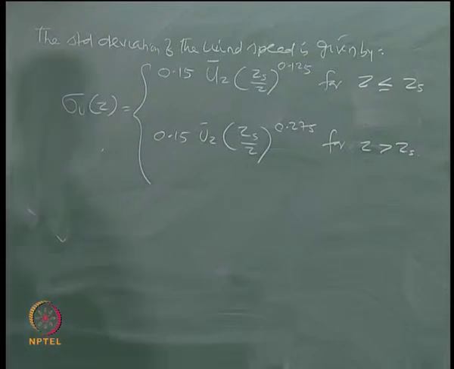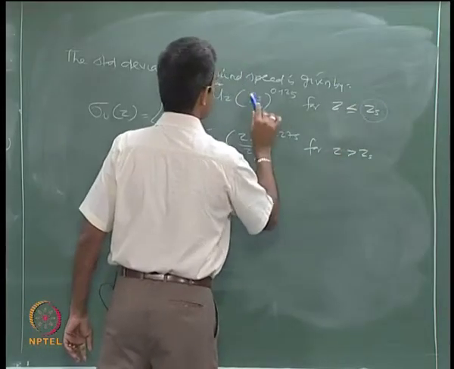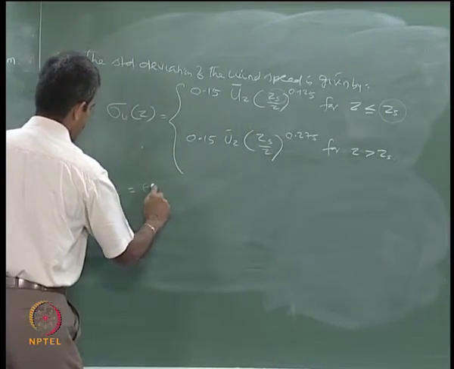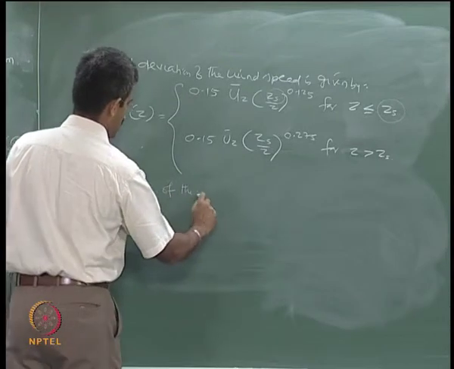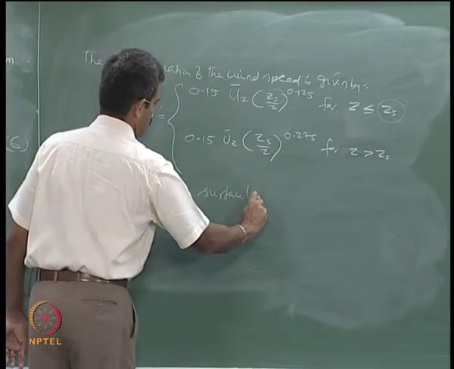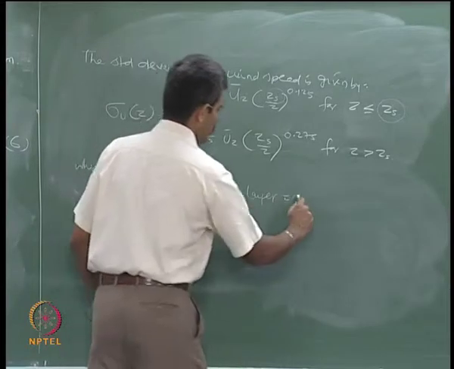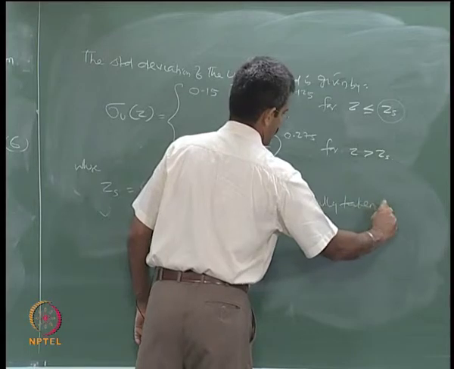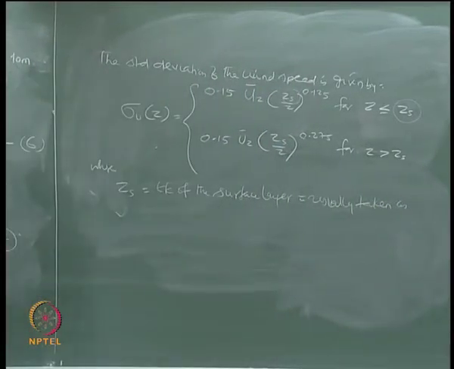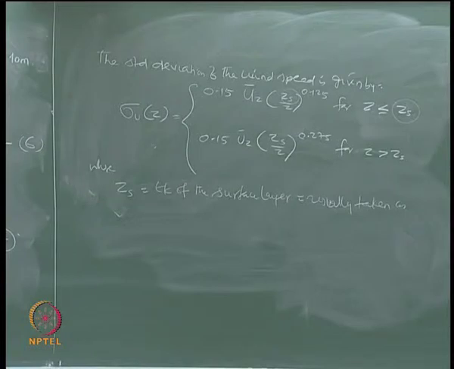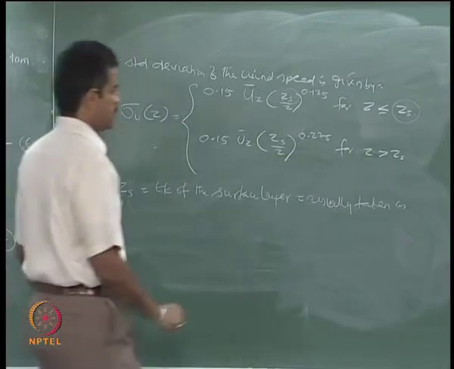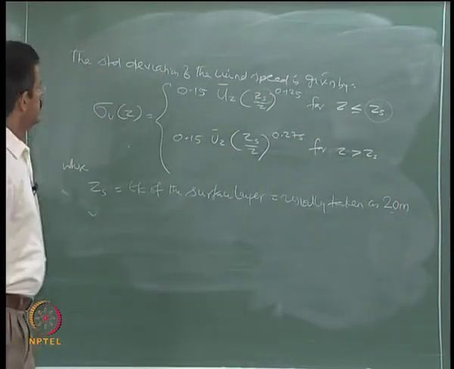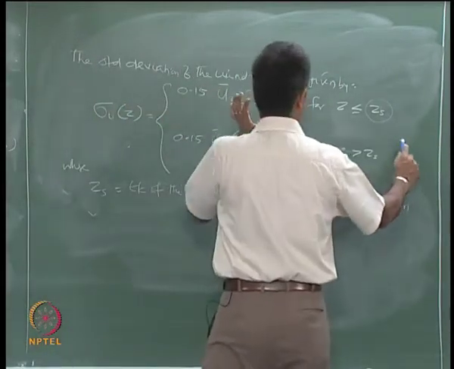whereas in this case Zs is the thickness of the surface layer, usually taken as 20 meters. So, I can call this equation number 8.